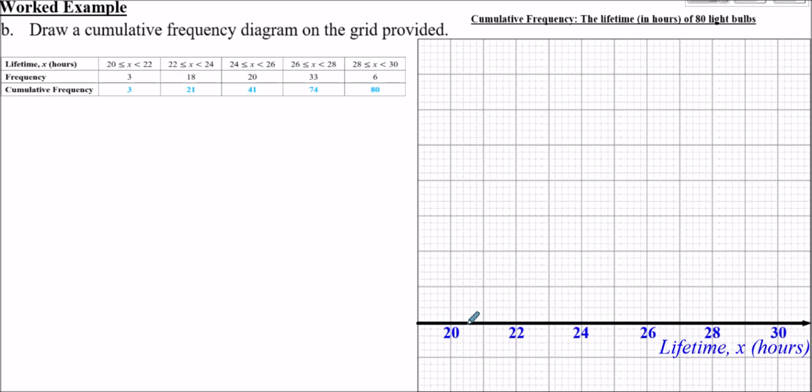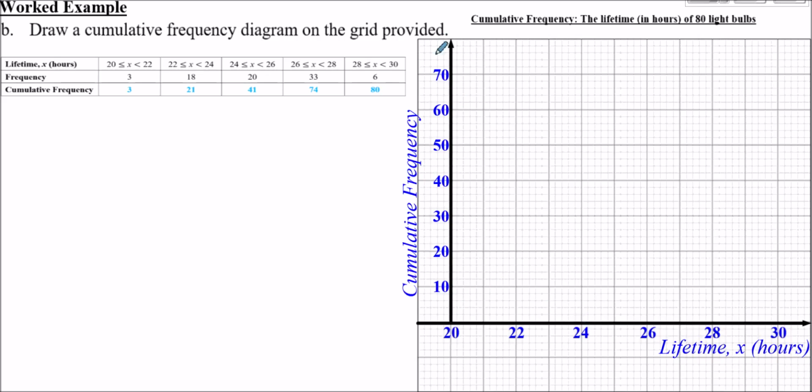So I suggest one big square going along is worth 1 hour. And no need to start it from 0 because our data doesn't begin at 0. So we can use a broken scale, which is fine, and label this axis lifetime in hours. Of course, we need a vertical axis for cumulative frequency. So for the vertical axis, I'd suggest each big square going up is worth 10 values.